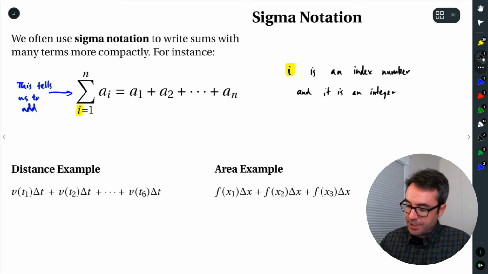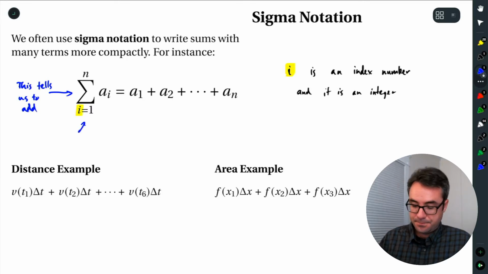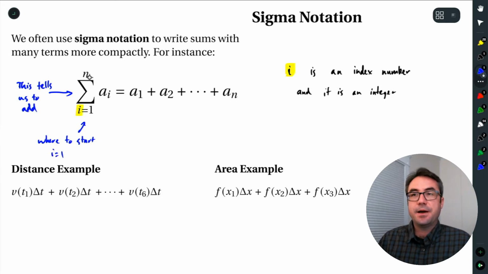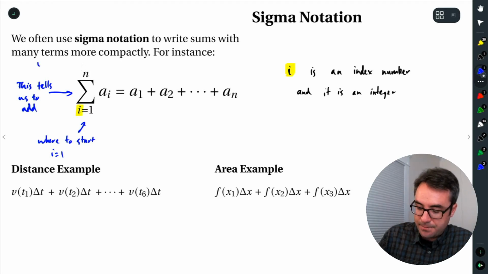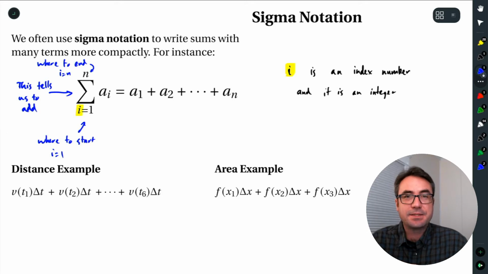In our notation here, this i equals 1 portion tells us where to start, the starting index. So we're going to start with i equal to 1. And the number up here, this n, tells us where to end. So we're going to end when the index number i is equal to n.